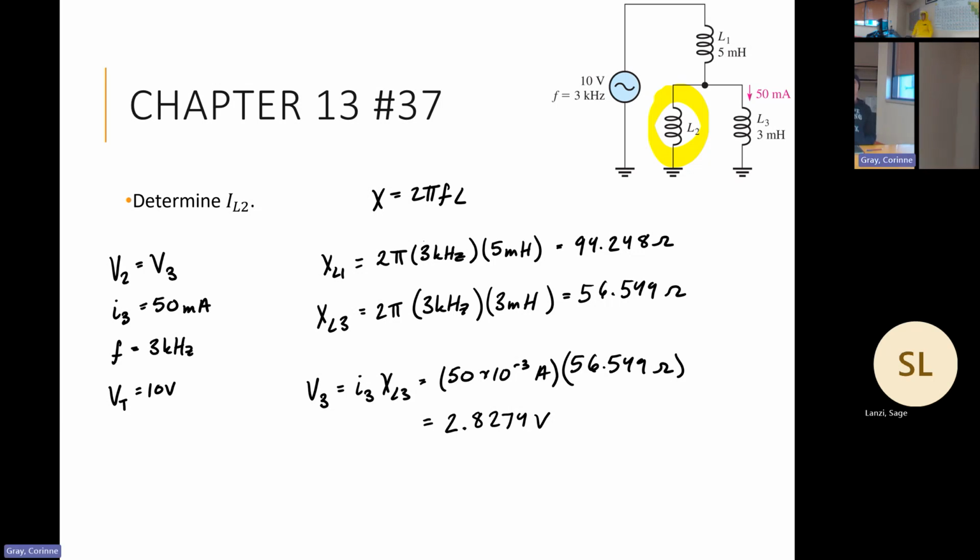Take that number, subtract, and you get your voltage drop across L1, and then take that and get your current. Yes, so we're now going to find the voltage drop across L1, because that's going to be VT minus V3. We're going to take our 10 and subtract out this value.